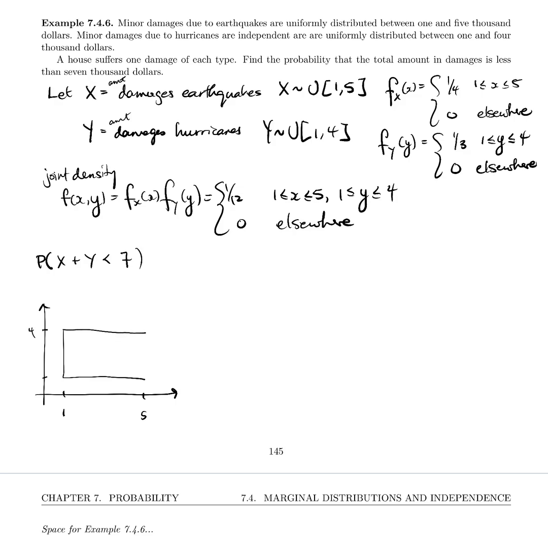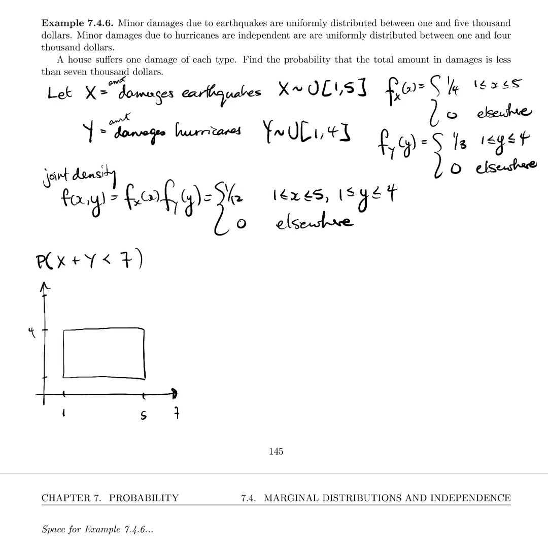So there is the support of our joint density function, and now we're looking for this. So we are looking to graph also the line y is equal to x minus 7. So I should probably give myself a little bit more space. Let's say we've got 7 here and 7 there.